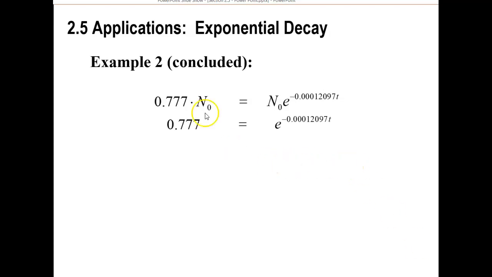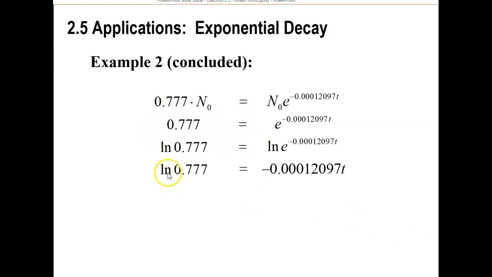All right, so notice you can just divide both sides by n naught and they cancel. From here, we're trying to solve for t, and that's in an exponent, so we're going to take the natural log of both sides. So this side is still the natural log of 0.777. Over here by log properties, notice the base of natural log is e, and this is e, so this just simplifies to the exponent.